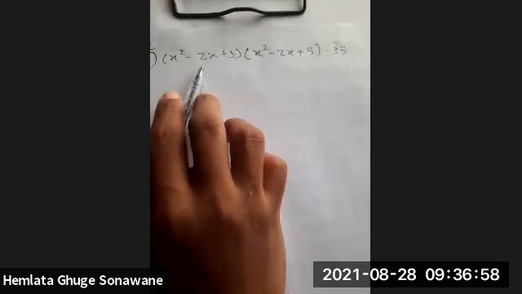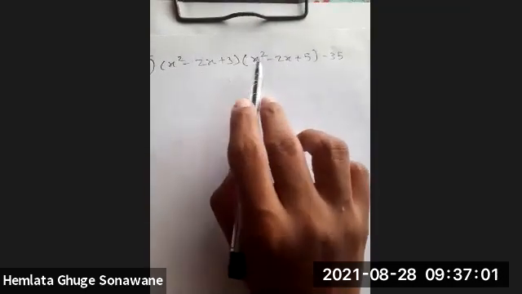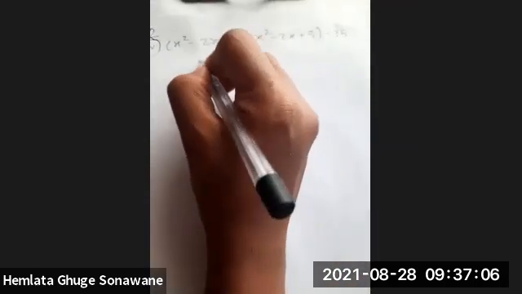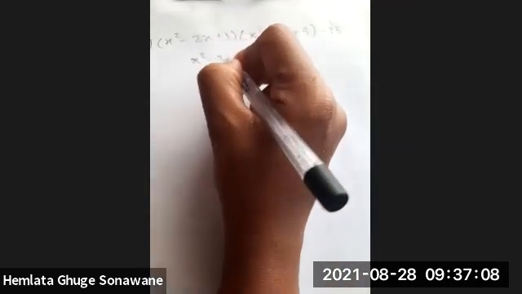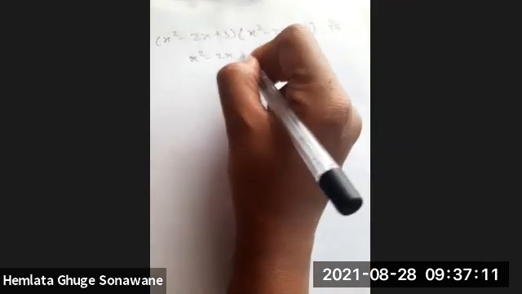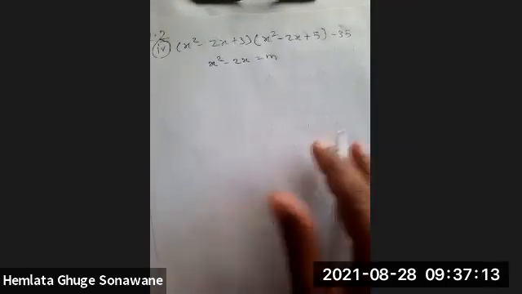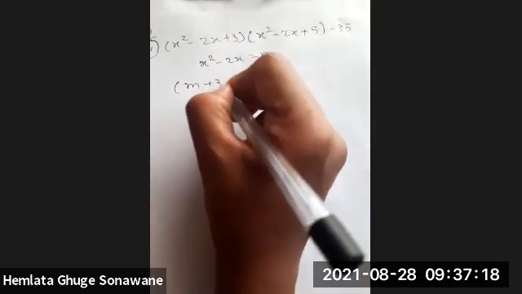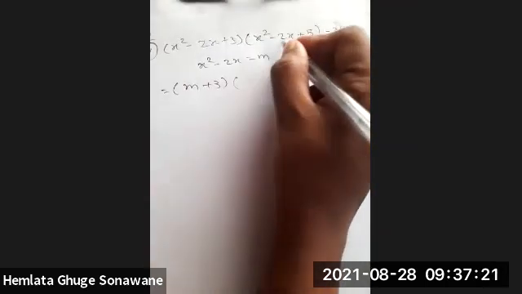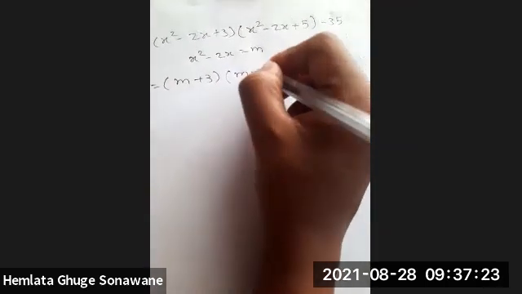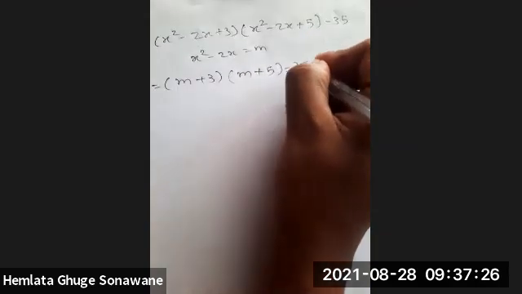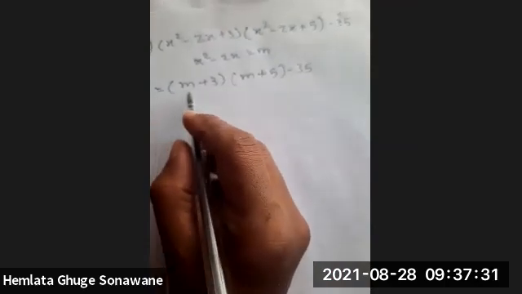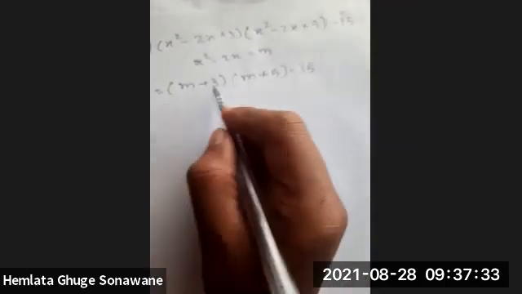Now here x square minus 2x is common in both the brackets. So we'll take m for x square minus 2x. So it becomes m plus 3 and m plus 5 minus 35. Now we'll multiply this bracket with this bracket.